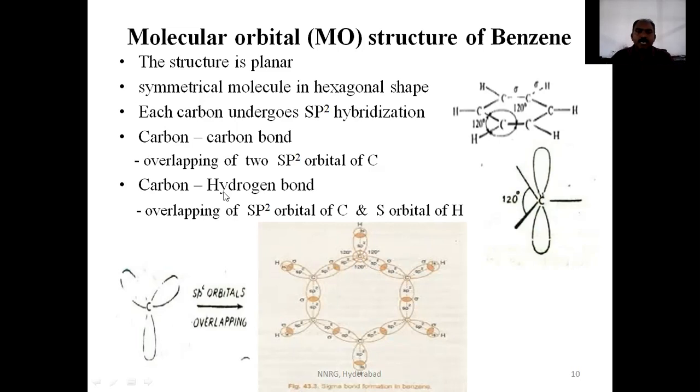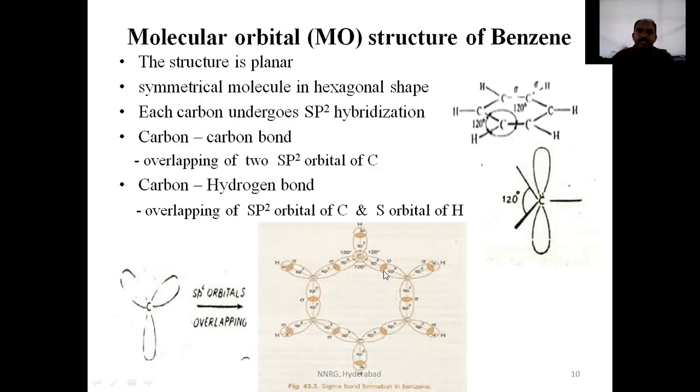And when it comes to the carbon-hydrogen bond, the sp2 hybridized carbon overlaps with the s orbital of hydrogen to form a sigma bond. So all the carbons will overlap with other carbons and hydrogens to form carbon-carbon and carbon-hydrogen sigma bonds.